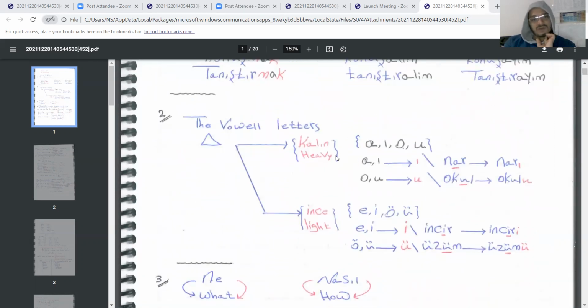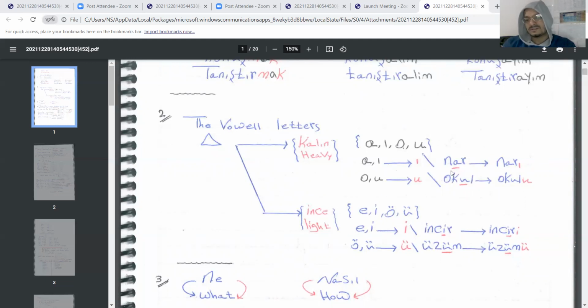Like we know, we have two kinds of vowel letters, kalın, that means heavy, and ince, that means light. All of these four sounds are kalın, heavy letters: A, I, O, U. For example, nar. I will explain these endings in the next lecture, but I use it to illustrate how we can use these two forms.